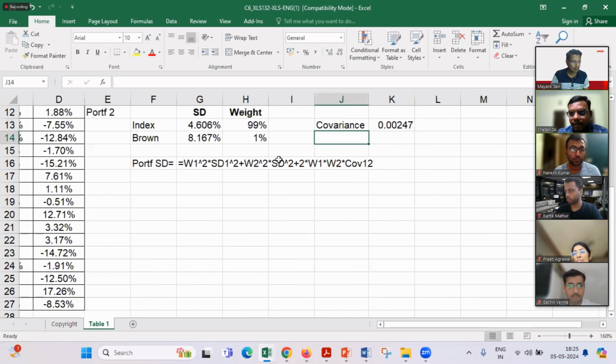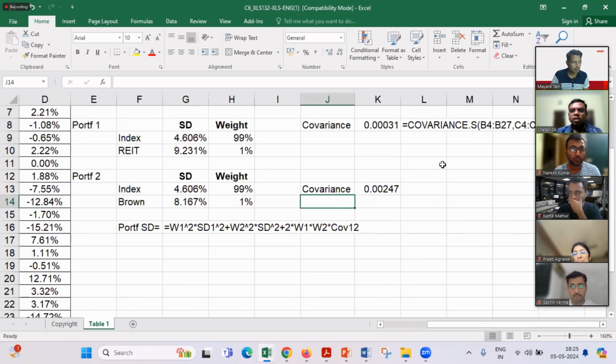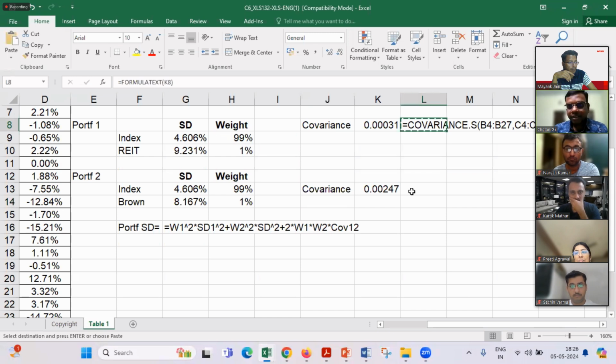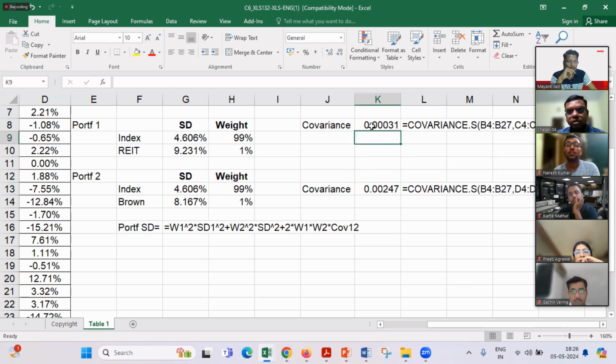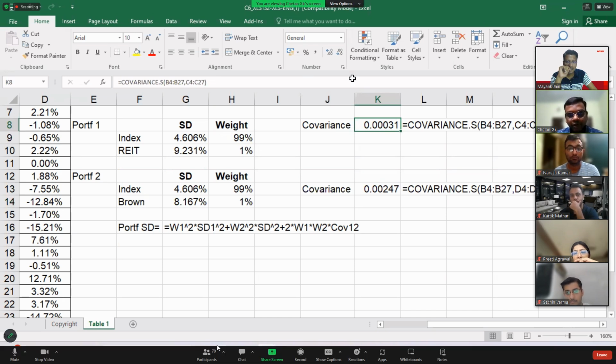Click enter. So we have computed the covariance between the index and the security. If you have computed the covariance, just put yes in the chat box, if you are done until this.